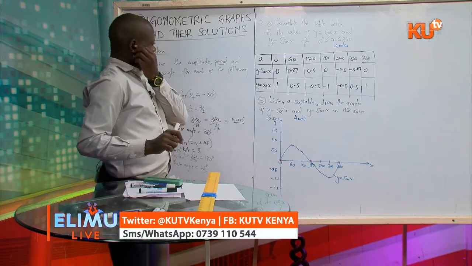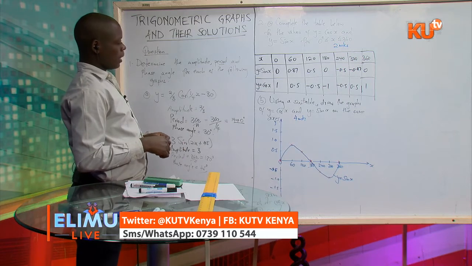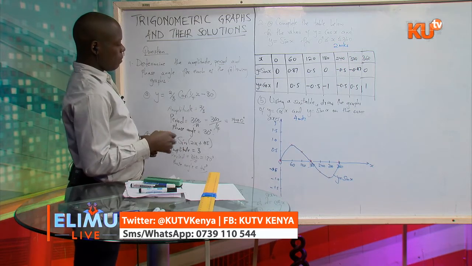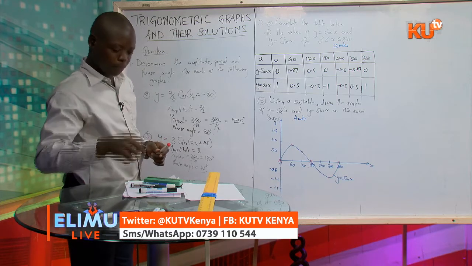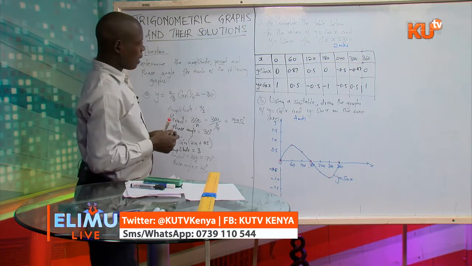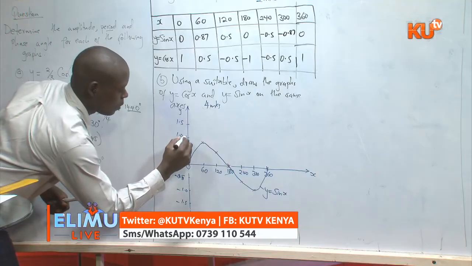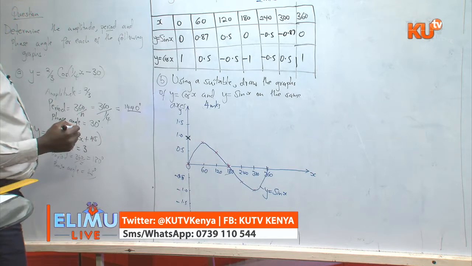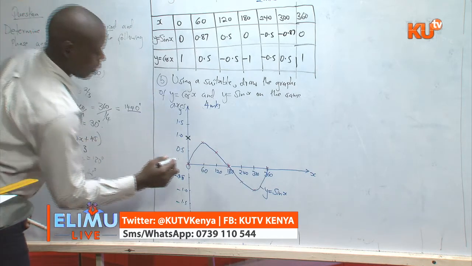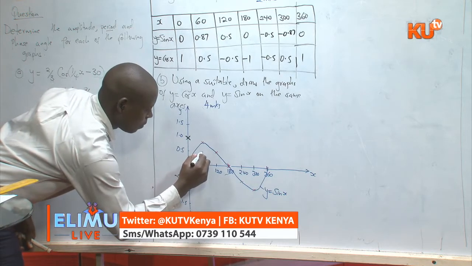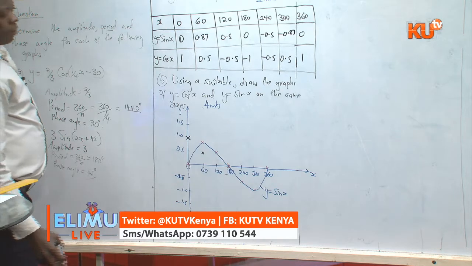We draw the second graph because we've been told to draw the graph on the same axis. Again, we mark the points for y is equals to cos x. When x is 0, y is 1. So I will mark the point. When it is 60, 0.5. When it's 120, negative 0.5.